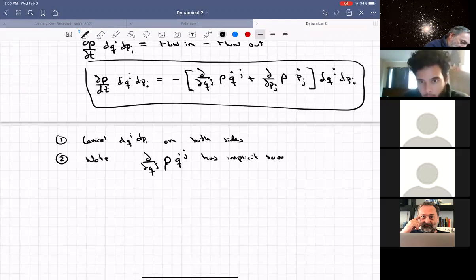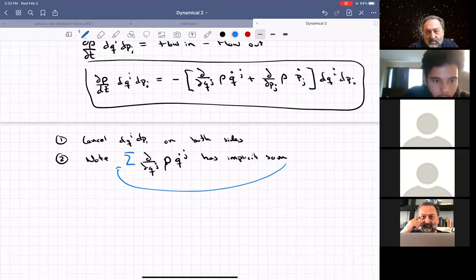I'm going to put the sum back in. So I'm going to come back over here and say that this was really shorthand for taking a summation.